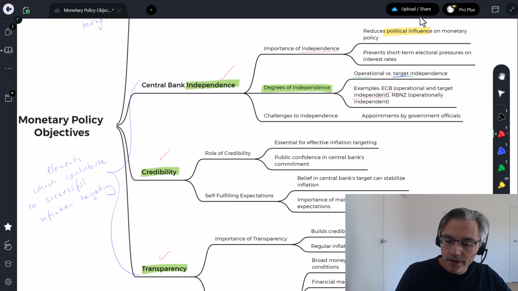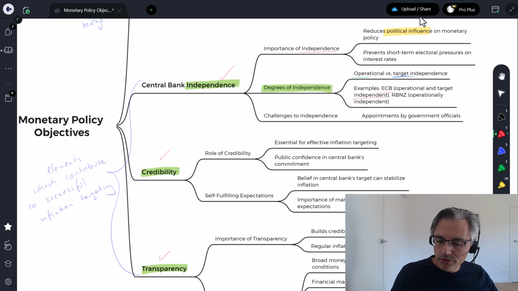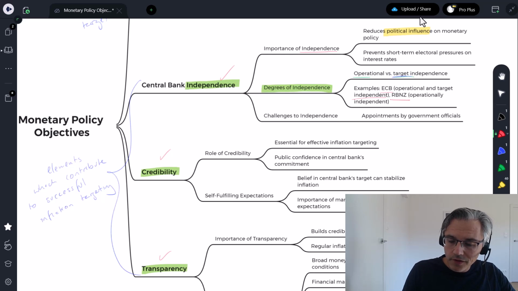However, on the other end of the spectrum, you've got the Reserve Bank of New Zealand. As I said, that was the first bank to actually officially go for inflation targeting back in the late 1980s. And they only have operational independence.